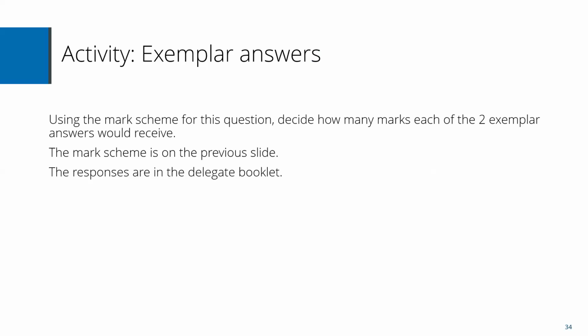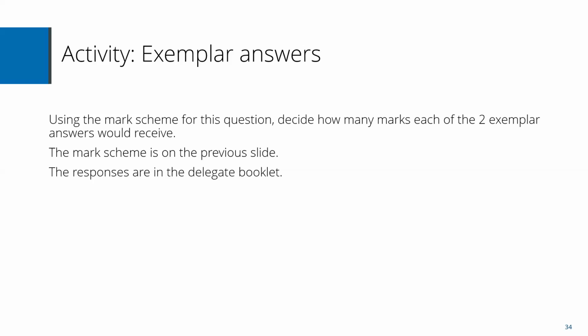Now, we see here looking for exemplar answers. So using the mark scheme for this question, decide how many marks each of the 2 exemplar answers would receive. So we can look back at the mark scheme, and this is where I'm referring you for the first time to the delegate booklet. So this is what I said you did need to have for this presentation. So if you look at the delegate booklet, and you will see there are exemplars for question 12B, which has come from Unit 2, WEC 1-2.